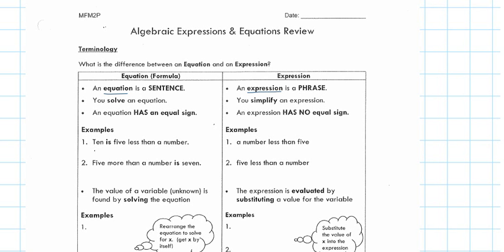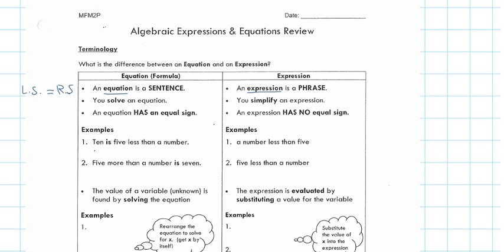So an equation is like a sentence. It's a full sentence. Capital, period, everything. With an equation, we have an equal sign, the left side and a right side.